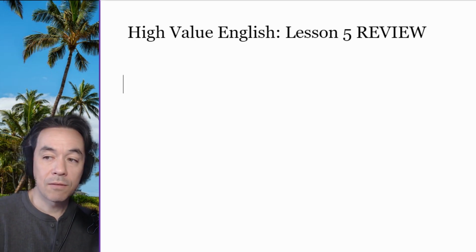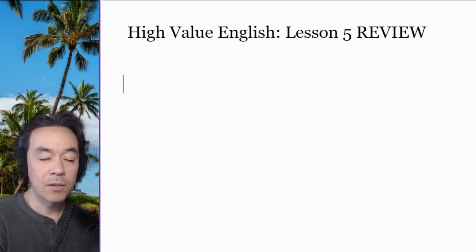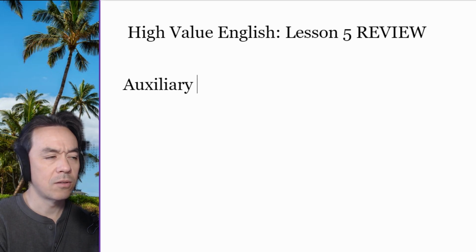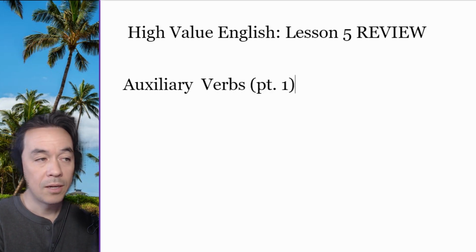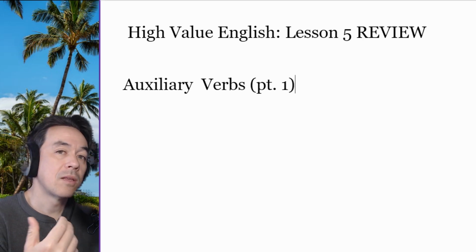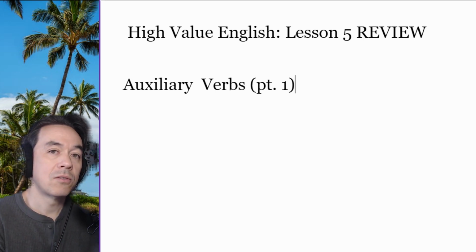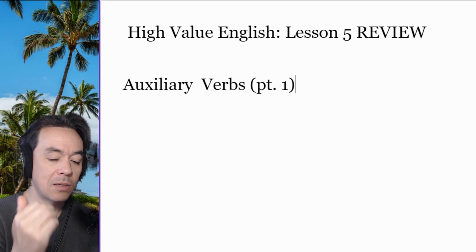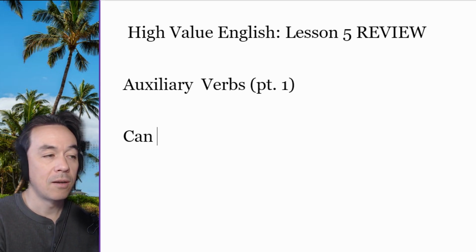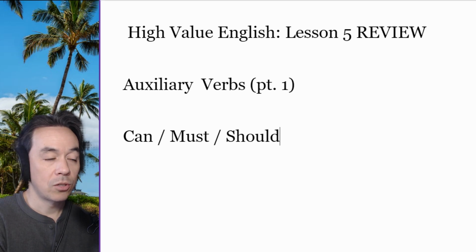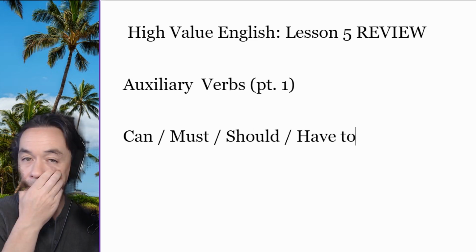This lesson 5 is pretty important. These are the auxiliary verbs, really part 1. This is a pretty well understood topic by my students in Japan. It's usually a pretty beginner lesson or early lesson. Words like can, must, should, and have to.